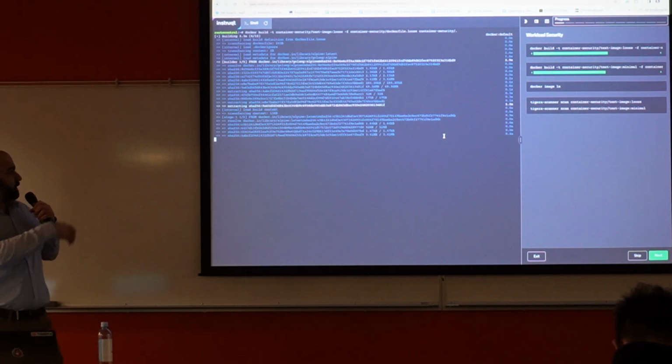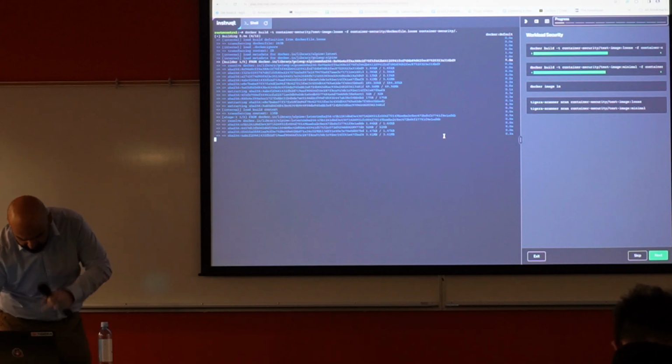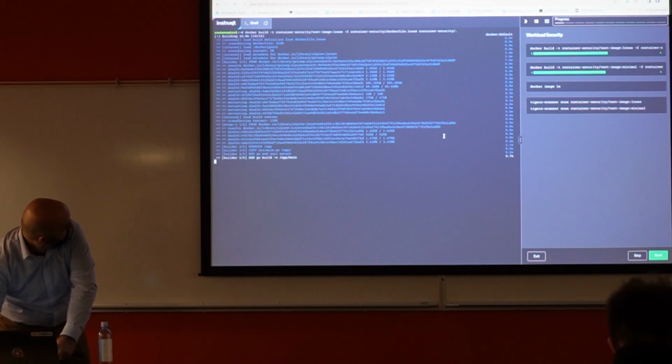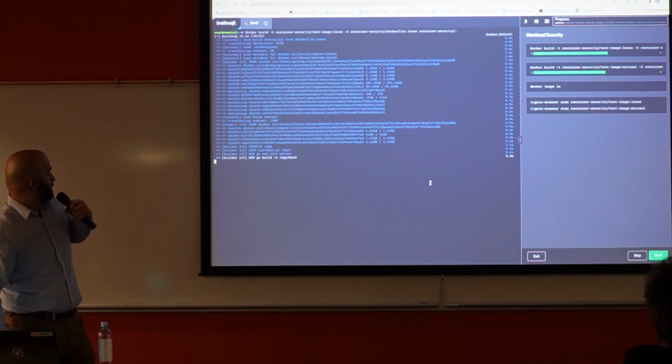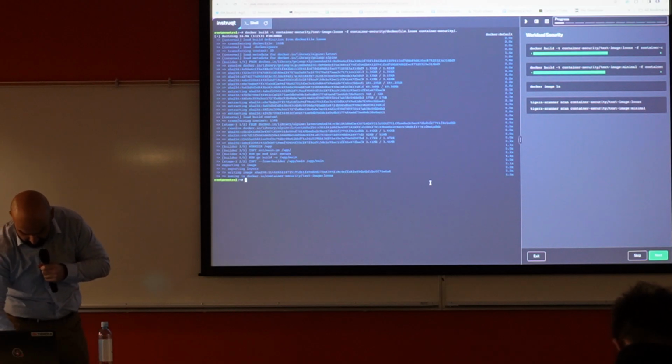For instance, this is a container that I'm building at the moment, and it's using a lot of stuff.